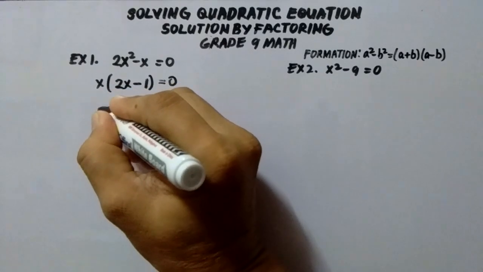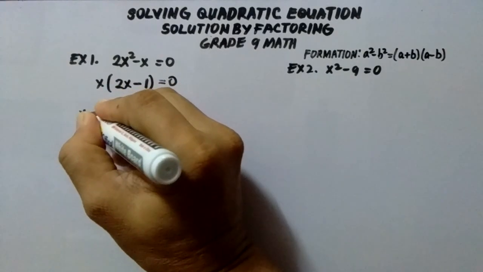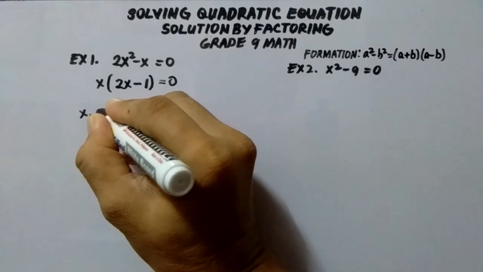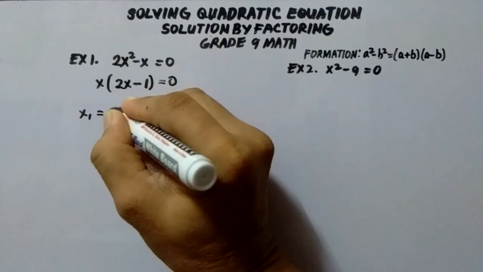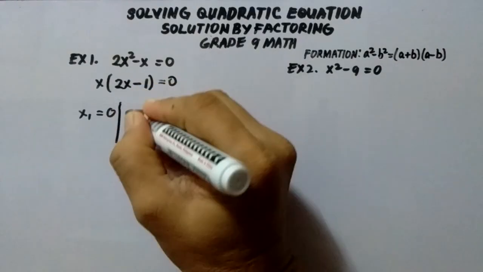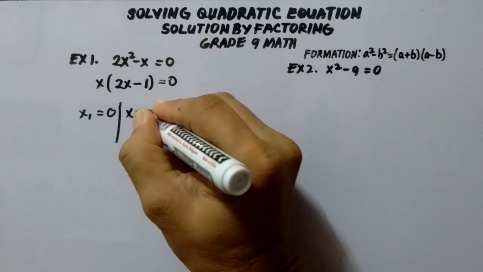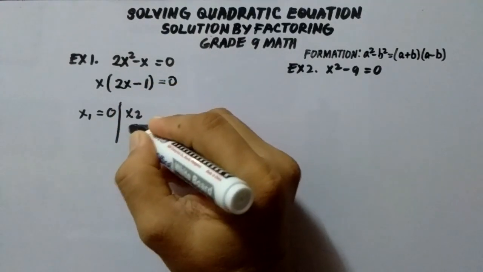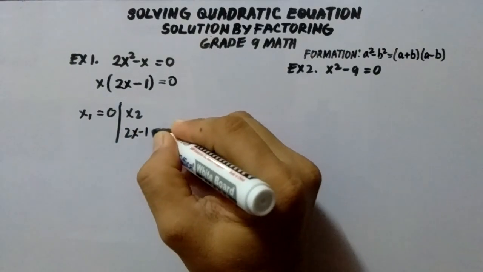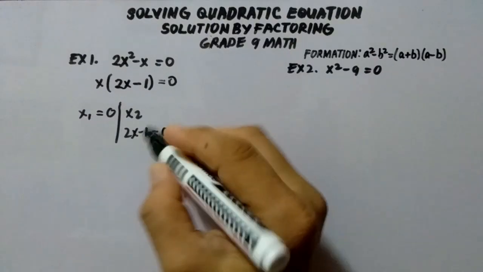Okay? So, we have x1 here. Okay? So, x1 is equals to 0. Okay? 0 na po yan. Okay? So, let's find x of 2. Okay? So, we have 2x minus 1 is equals to 0.